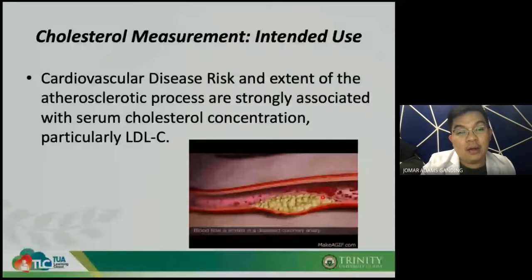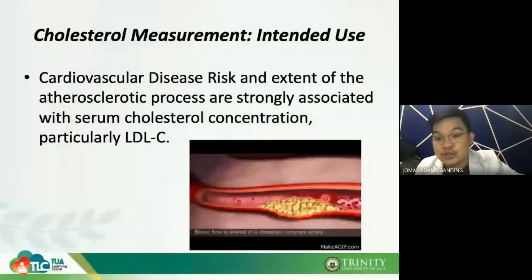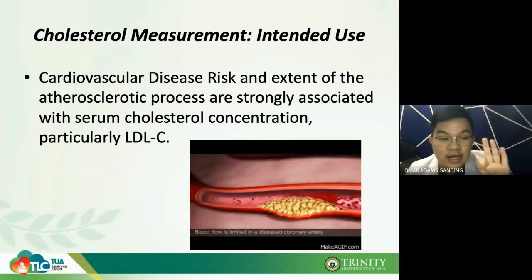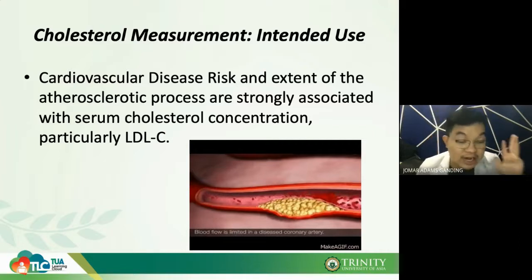And the panel actually includes your cholesterol, your triglyceride, your HDL, your LDL, and also your VLDL. So all of those are lipoproteins that carry your lipids, that carry your cholesterol and your triglyceride, together with the measurement of your triglyceride, and also your cholesterol. So they are a group of tests.